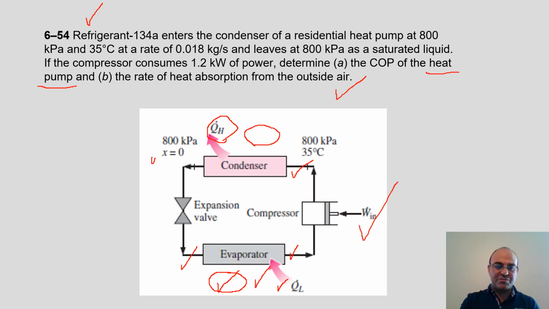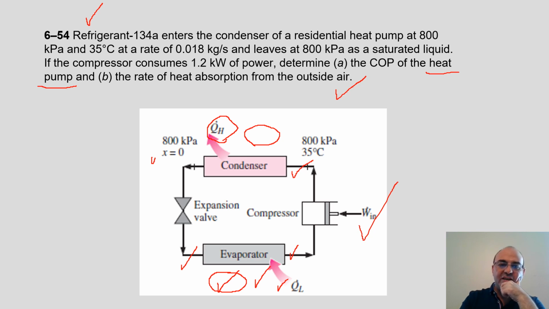Okay, so now let's do this problem. We have the refrigerant entering the condenser at given conditions and leaving the condenser at given conditions. The flow of the refrigerant is known. We want to find the COP. The power of the compressor is also known.